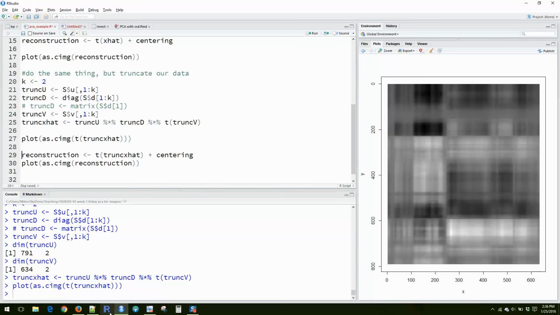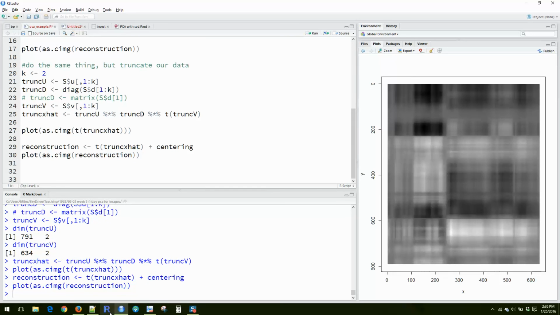We can add back the centering information that we subtracted out in the beginning, okay, and this might help a little bit, okay. It still doesn't look very good, right?